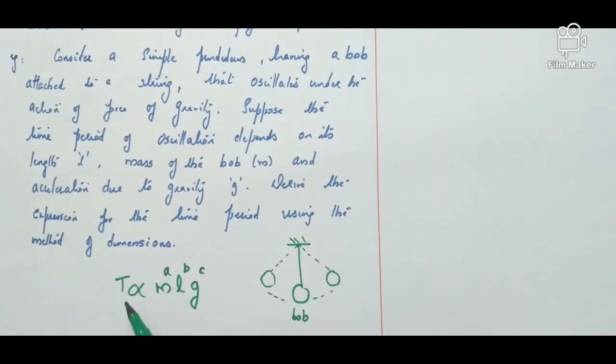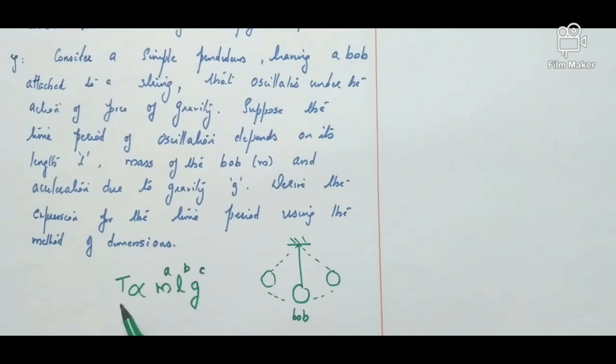So first we can write time period is directly proportional to mass raised to A, length raised to B, g raised to C. So we have to find out A, B and C. If you get such a question, first you have to write this relation: what physical quantities the quantity depends on and how much it depends.